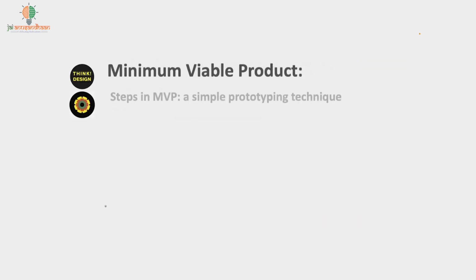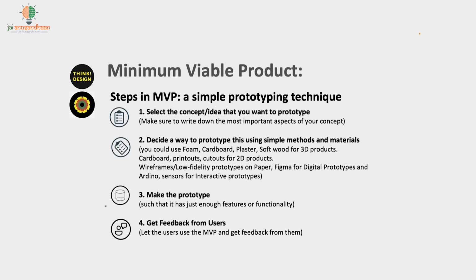If you look at the steps in this, you need to select the concept that you want to do an MVP of. You need to write down the most important aspects of it, so that you can detail it out, and there are many ways you can do it. You can use foam, cardboard, plaster, softwood for 3D products, and cardboard printouts, cutouts for 2D products.